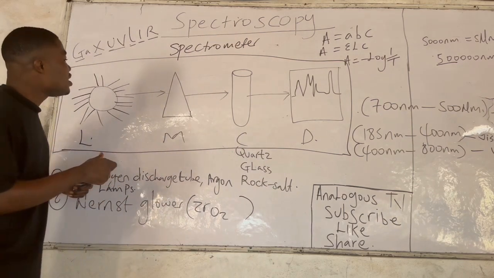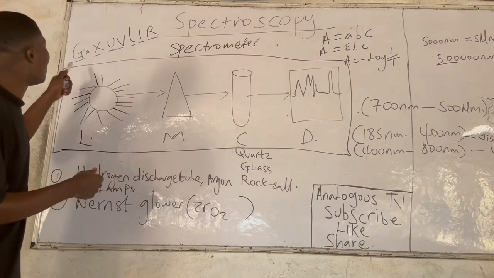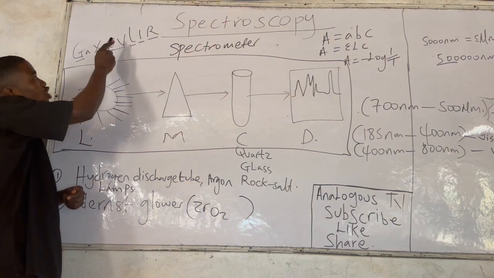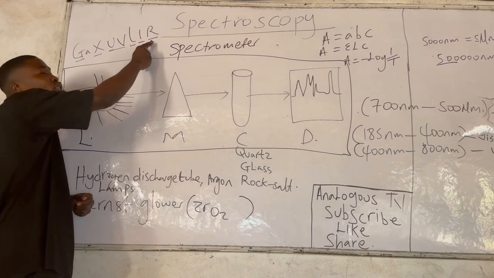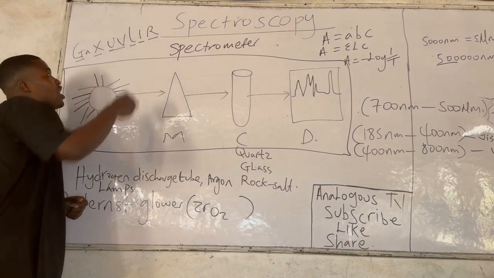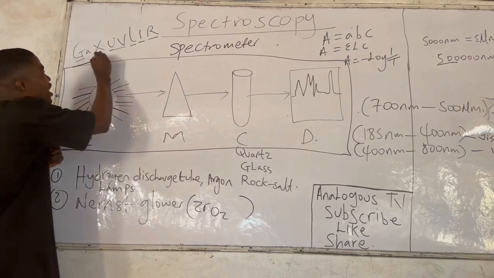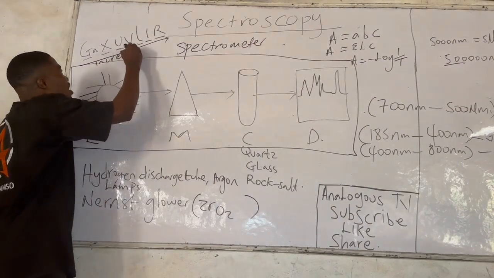Now, the various forms of light we can encounter in spectroscopy are arranged with the acronym, which stands for gamma ray, X-ray, UV ray, visible light, infrared, then radio wave or microwave. These lights are arranged in order of their increasing wavelength.